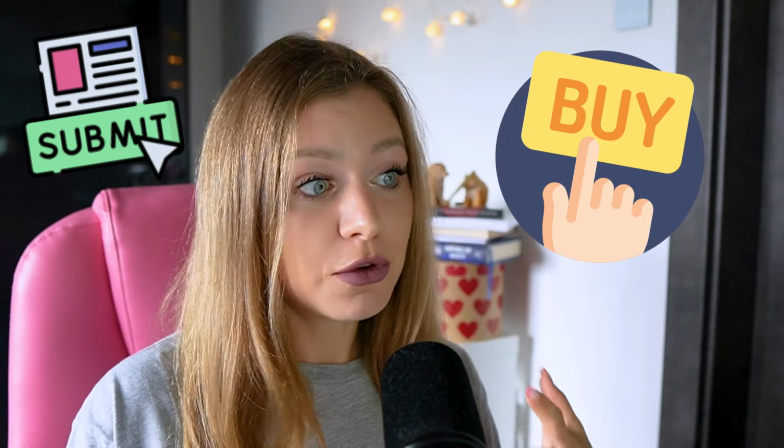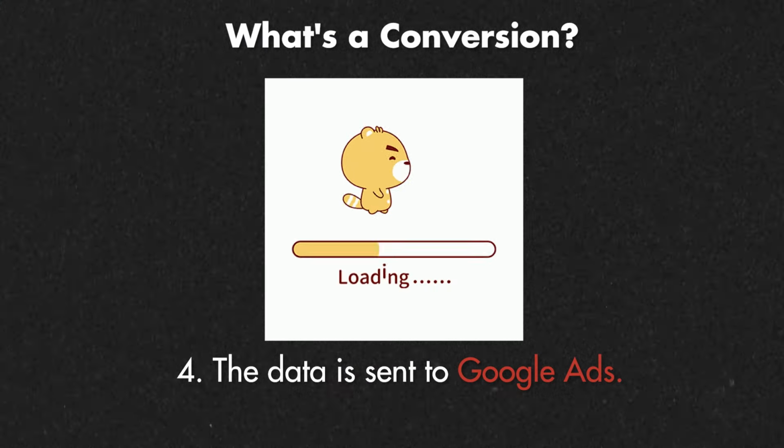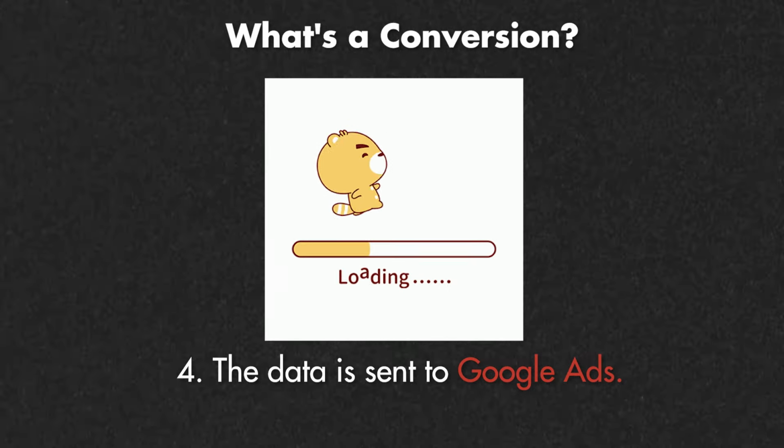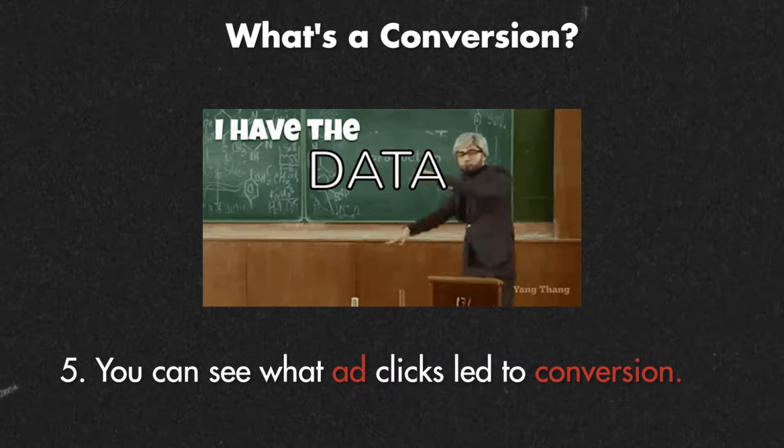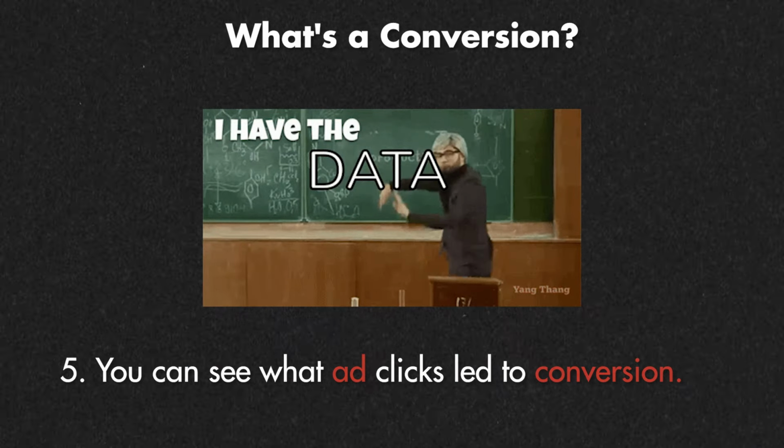For example, buys your product or submits a form, and then this data is sent to the Google Ads platform. In this way, you can see what ad click led to this successful outcome, so that you can understand how your campaigns are performing, which are performing better, and you can also optimize them.